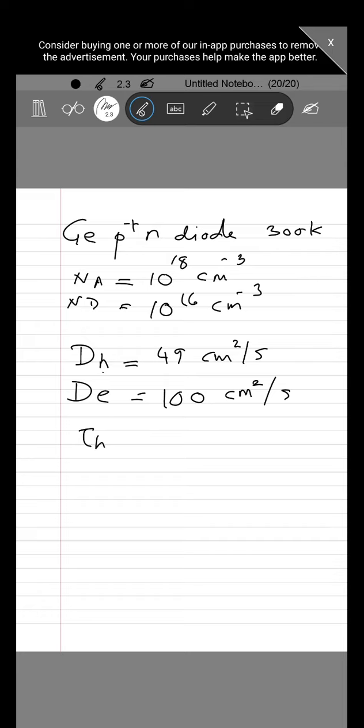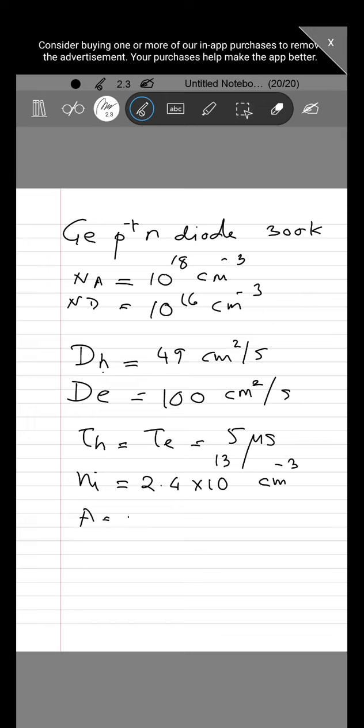The lifetime of the hole is equal to the lifetime of the electron, the recombination time, and it is 5 microsecond, and the intrinsic carrier concentration is 2.4 into 10 to the power 13 per centimeter cube, and the cross-section area is 10 to the power minus 2 centimeter square.